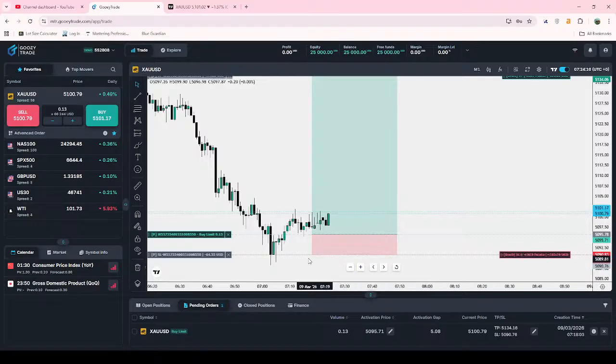Let's see if we get a fill again. The market has already come and rejected from this level.